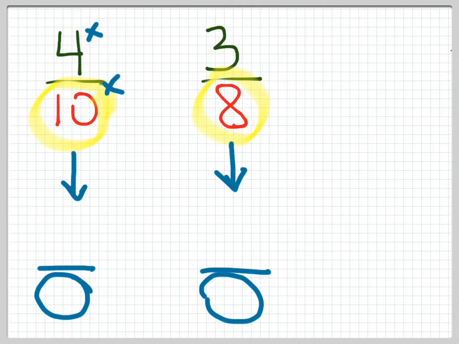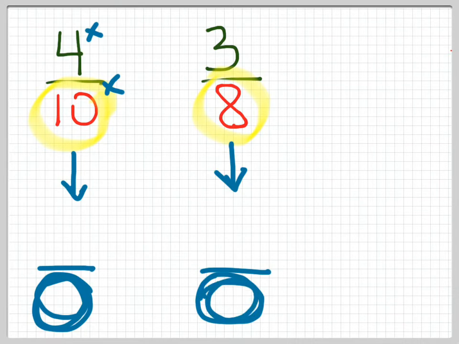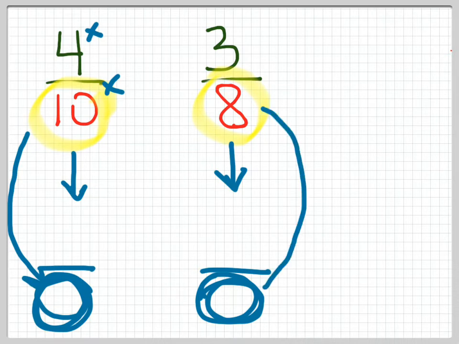But what number am I going to choose here? Well, I could times them both by 2, 3, 4, 5, or any number really. But what I'm trying to do is get this number to be the same as this number. In other words, I'm going to try to turn this 10 into something, and this 8 into something, so that they both match.